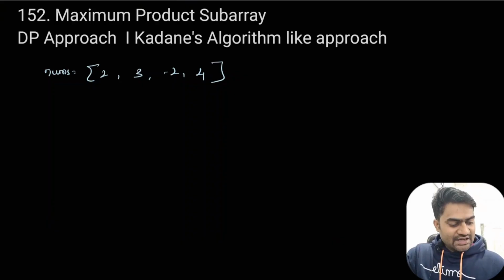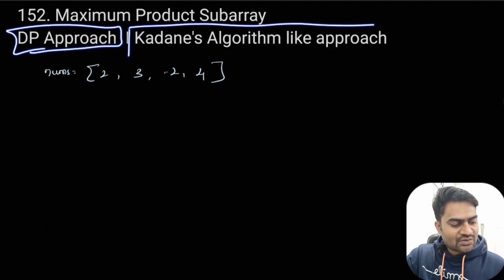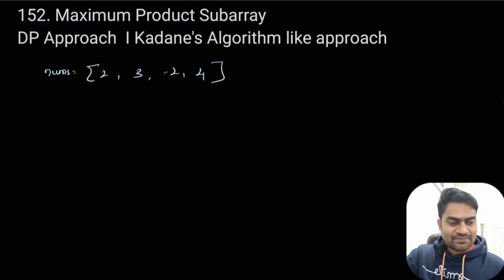Here we will use the DP approach, or it is also called Kadane's algorithm like approach. Why is it called so? Why is it a DP approach? Because we try to remember the previous maximum product. It is similar to Kadane's algorithm which we used for the maximum subarray sum solution.